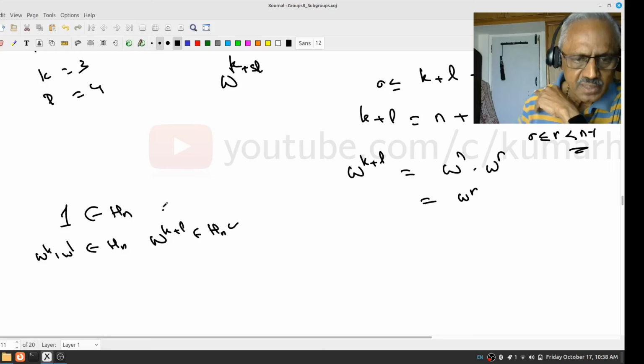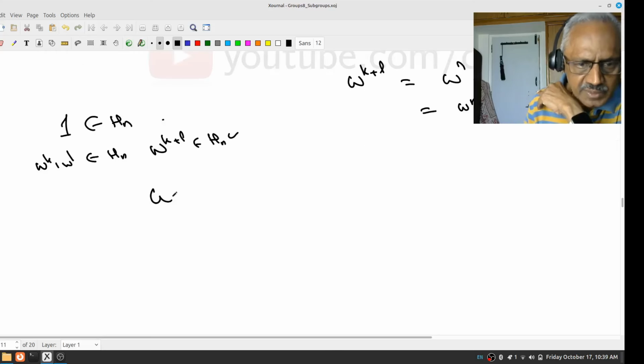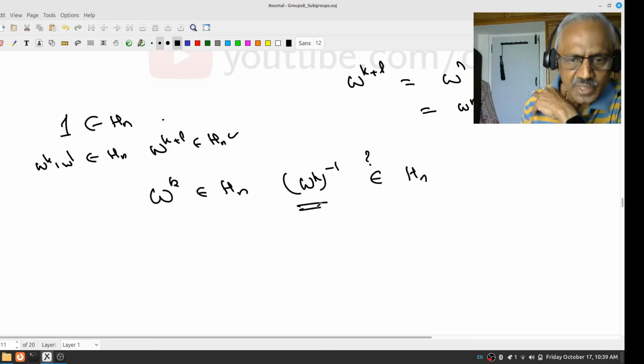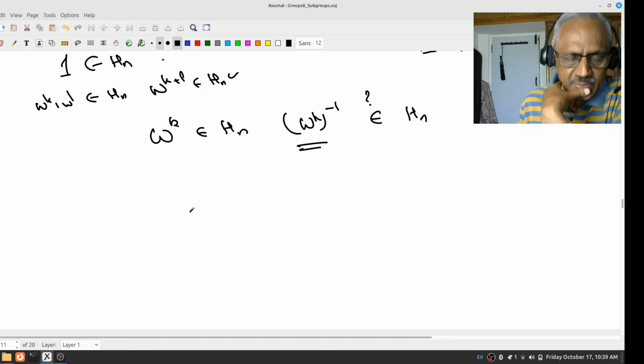The third property, omega power minus k. Omega power k belongs to Hn, and does omega power k to the power minus 1, its inverse, belong to Hn? That is very easy, because notice that 0 ≤ k < n, strictly less than n.